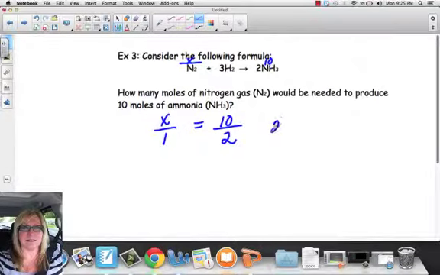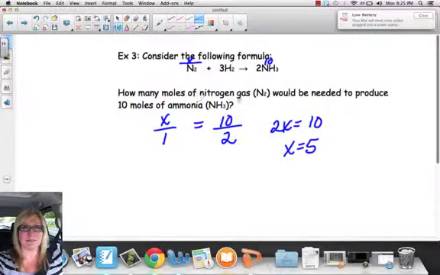So what I get is 2x equals 10. Therefore, x equals 5. So how many moles of nitrogen gas would be needed to produce 10 moles of ammonia? Well, we need 5 moles of N2.